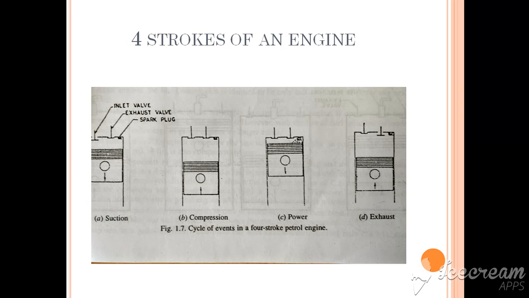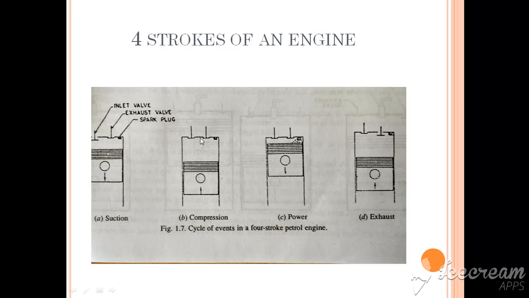And when the inlet valve gets pressed, then the inlet is connected to the inlet port, so the air fuel mixture enters the cylinder. So this is the suction stroke where the air fuel mixture is sucked into the engine cylinder and only the inlet valve is open, exhaust valve is closed.